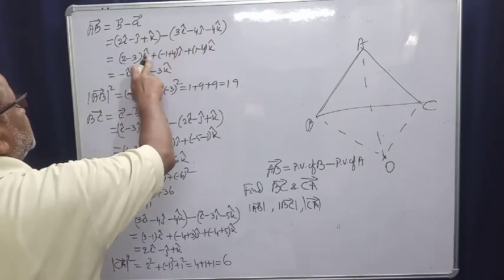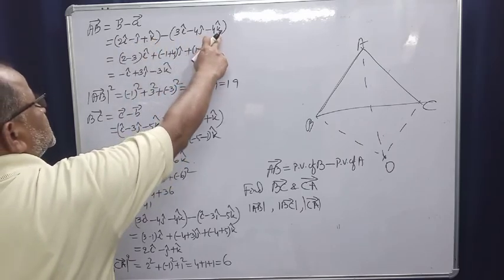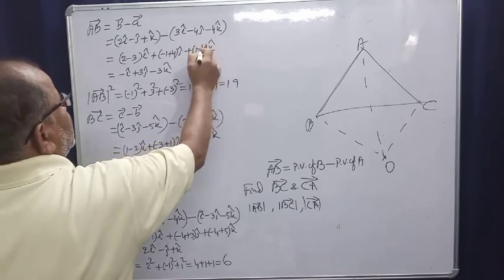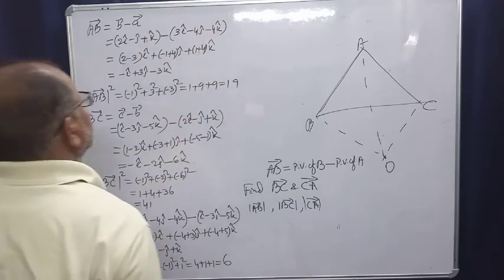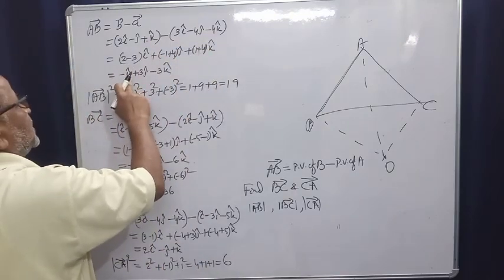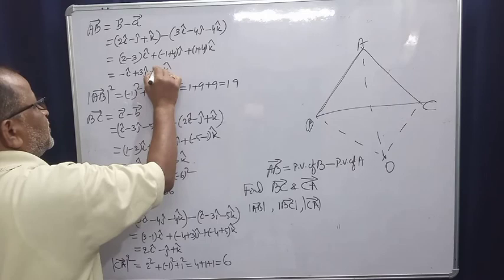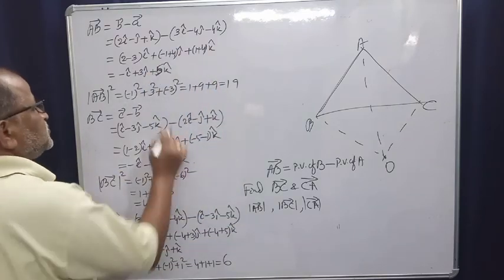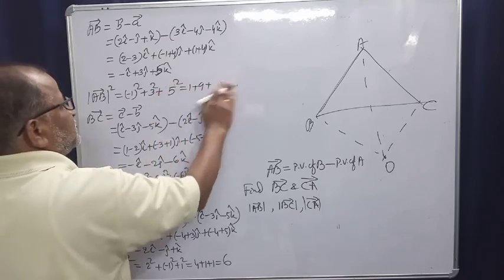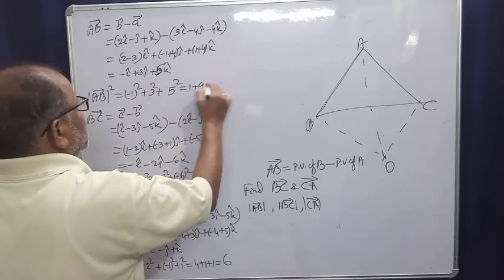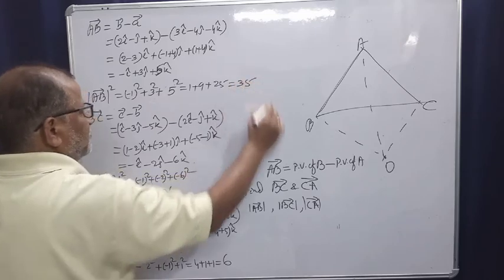So it is minus i cap plus 3j cap plus 5k cap. So this is 1 plus 9 plus 25, 35, right?